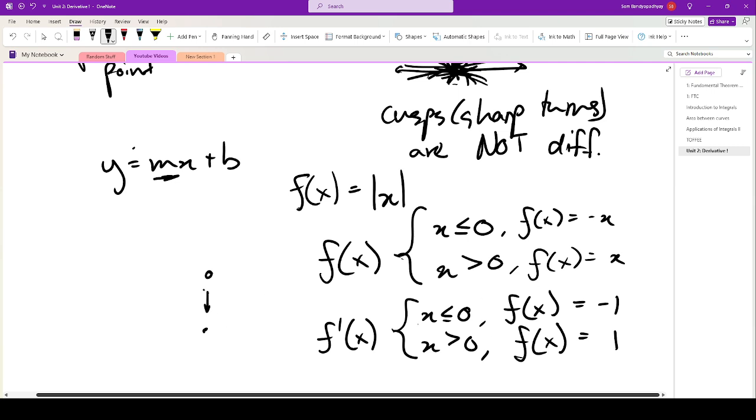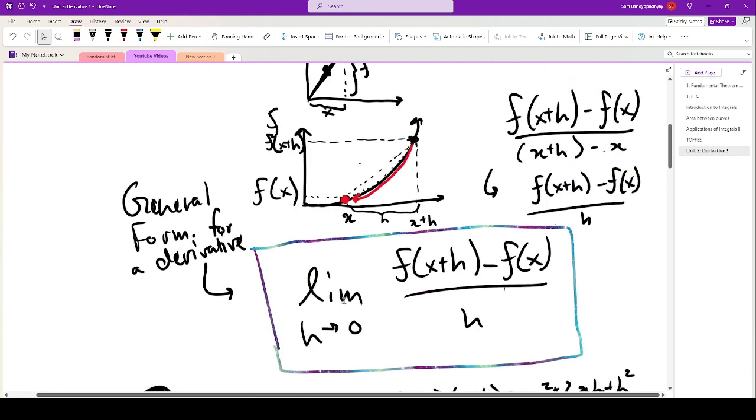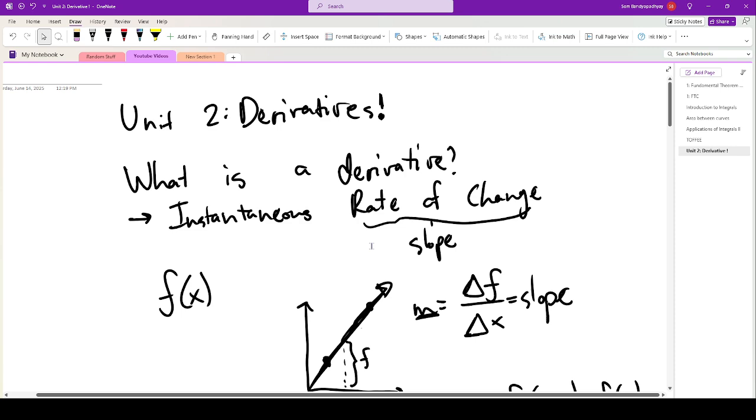So this is going to be a jump discontinuity. In other words, the derivative at this point is not actually going to exist. Okay, that was a lot of talking.